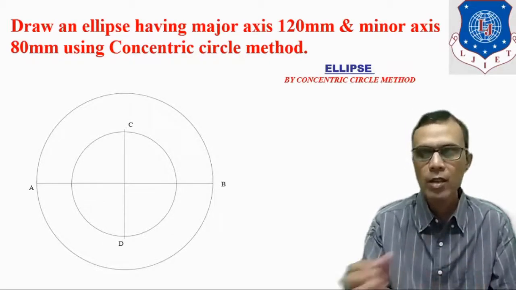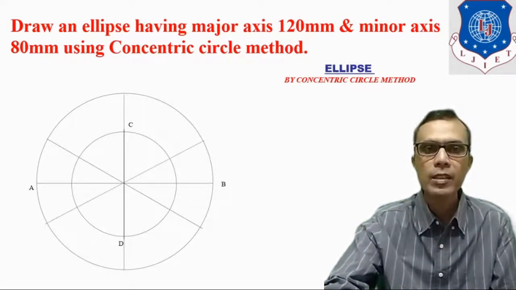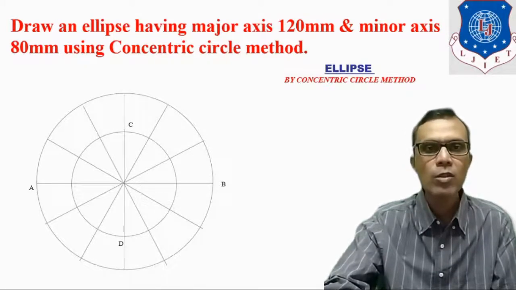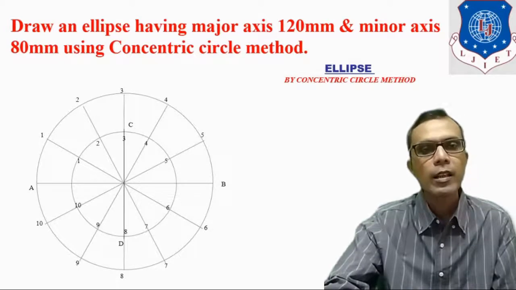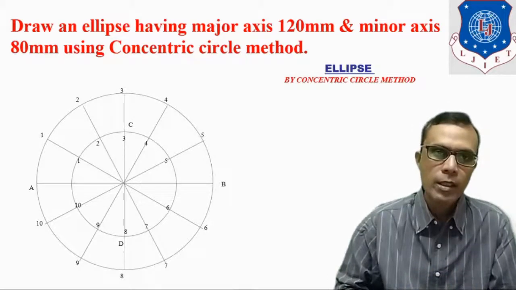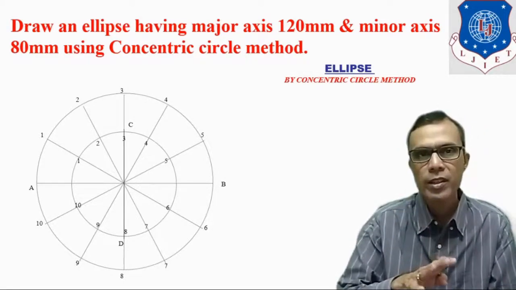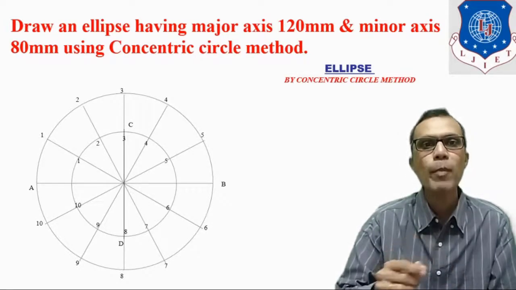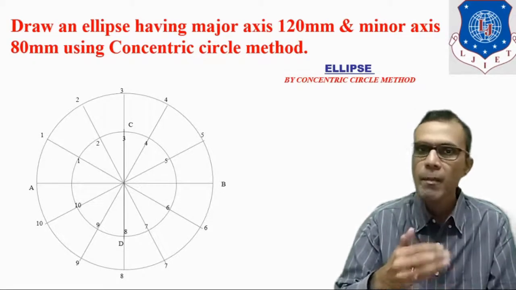So let us now divide both of these circles into 12 equal parts having one segment of 30 degrees, and write down the notations for the outer circle and inner circle, that is the division numbers. Now we have to obtain the points to draw the ellipse. Already we have 4 points, that is A, B, C and D, the points of the major axis and minor axis, and we have to get the remaining points.